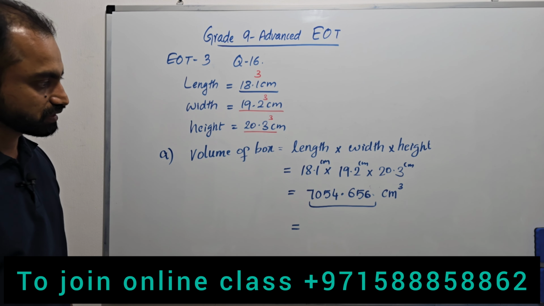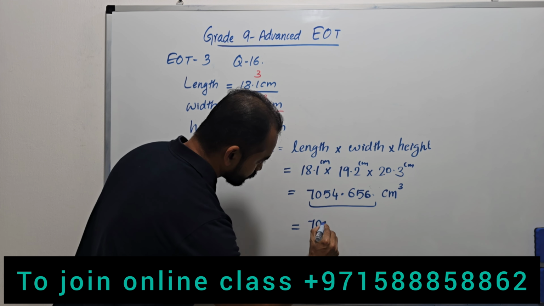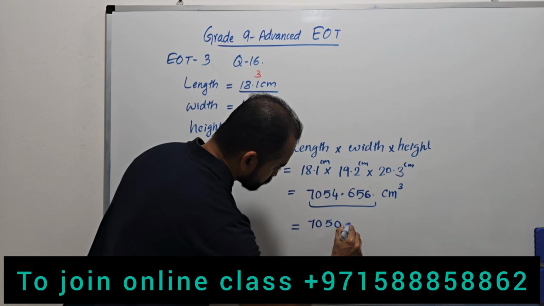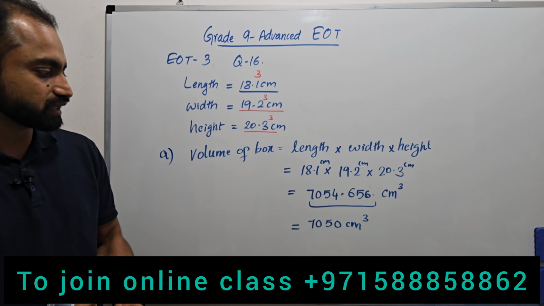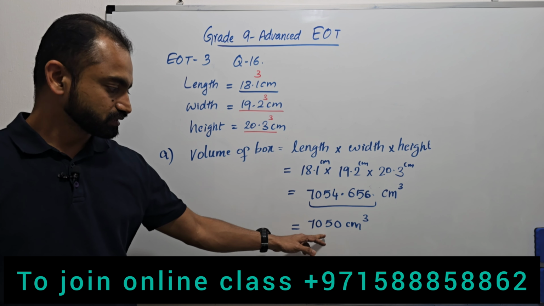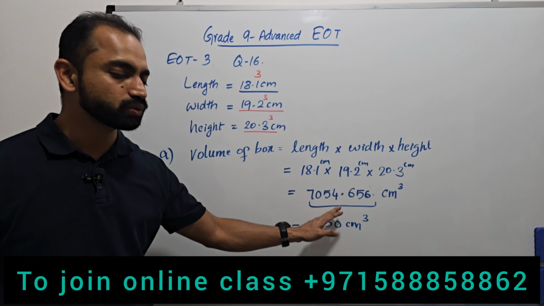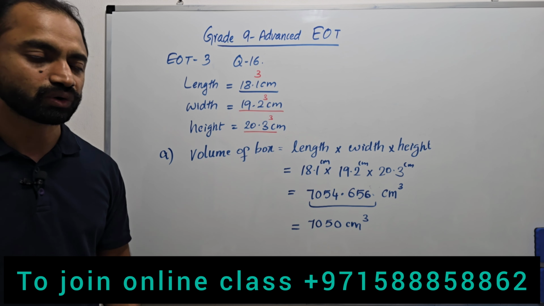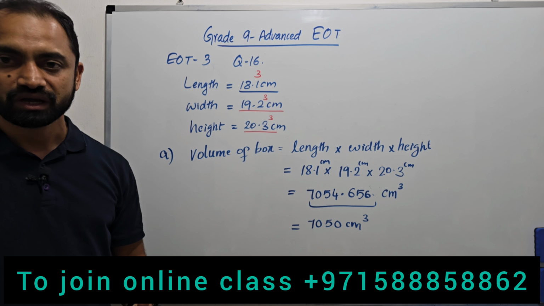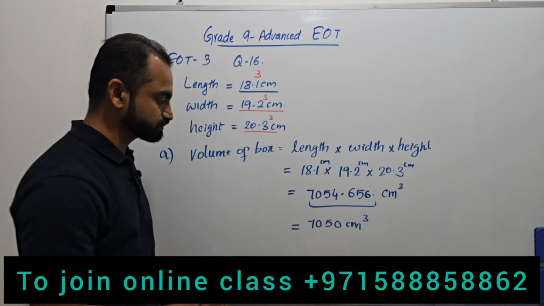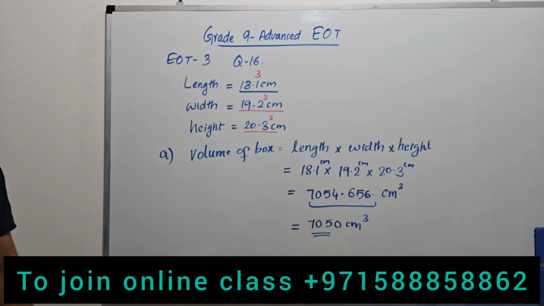We can write 7050 centimeter cube. This is a whole number and the last zeros are not counted as significant figures in a whole number. That we will discuss in the next question, how to count the significant figures in a given number. So this is the answer.